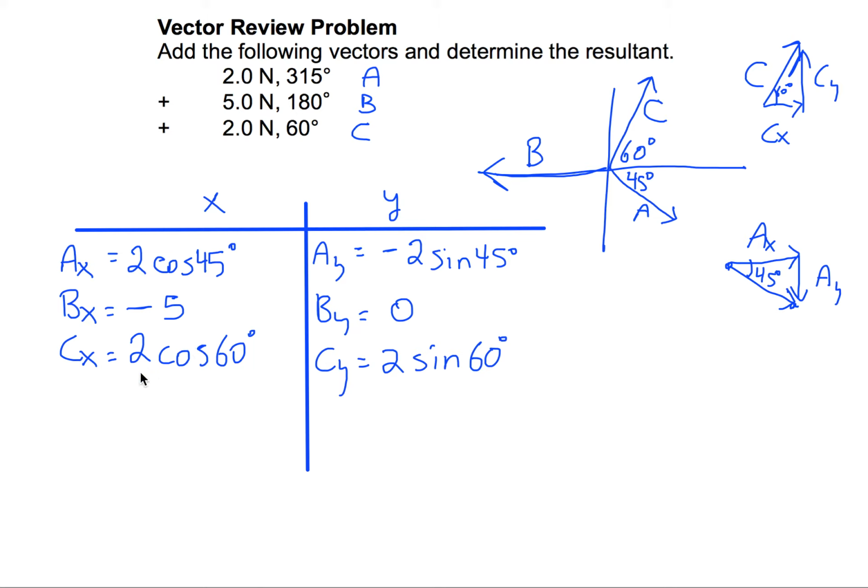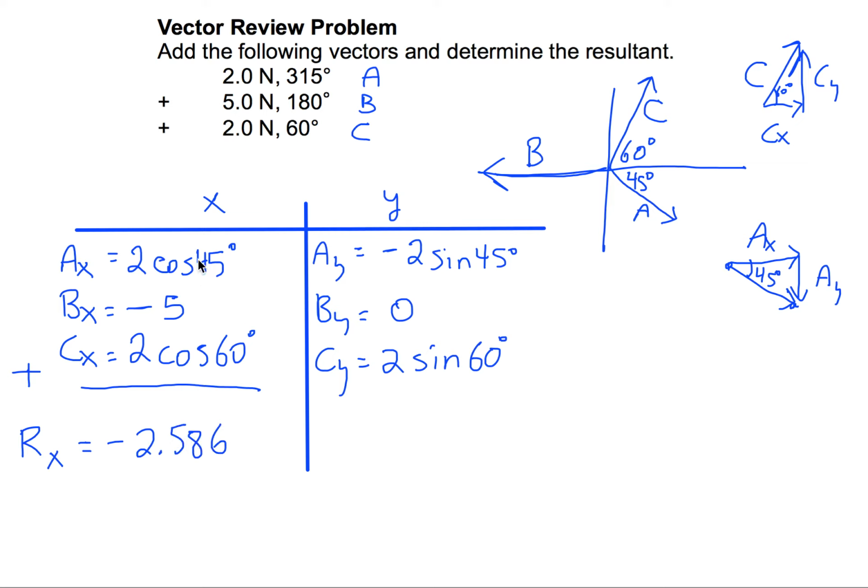But once you do that, the next step is to add all of these components. So add all of the x components, and that will give you the x components of the resultant vector r. When I added these three in my calculator, I ended up with negative 2.586.